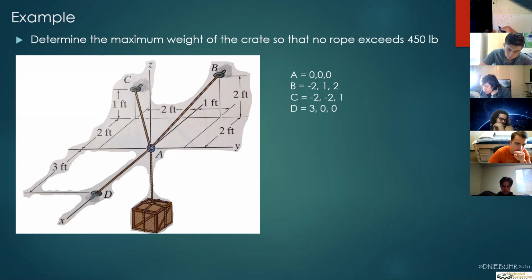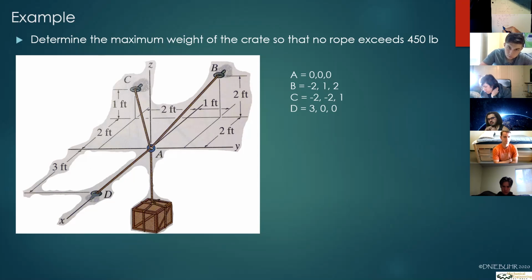So we know then that our unit vector, lambda BA, and I'm going through this piece by piece, but in the future, you'll probably just jump right to lambda BA because you'll become familiar with everything. So we know that lambda BA, the unit vector, is just minus 2I plus J plus 2K, divided by the square root of 2 squared plus 1 squared plus 2 squared.